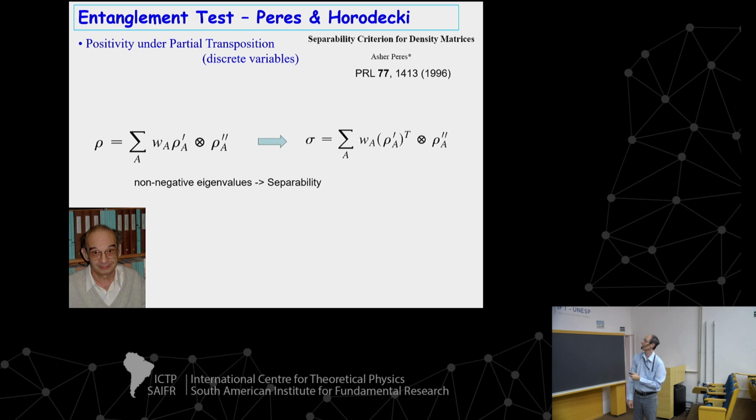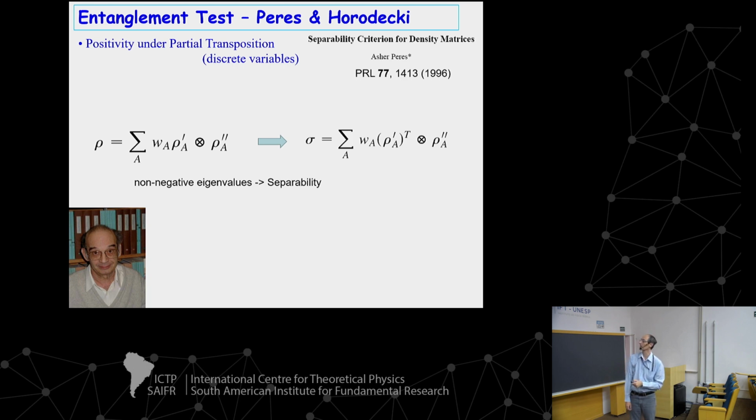Now's the tricky part. Making the transposition is just shuffling around the terms in the off-diagonal terms of your density matrix. When you do that, going from a matrix like this to this, you don't need to know what are these inner matrices.